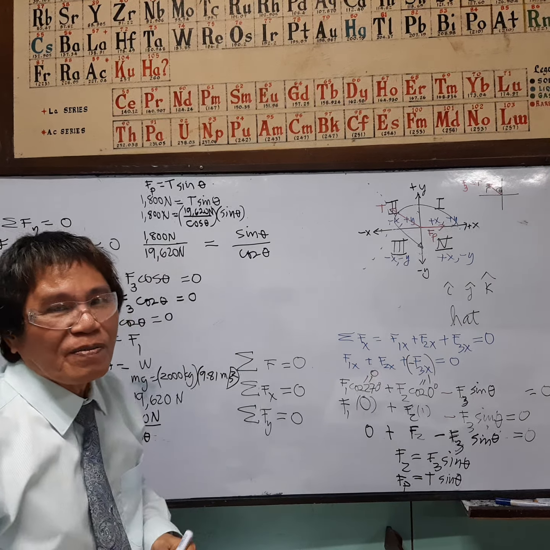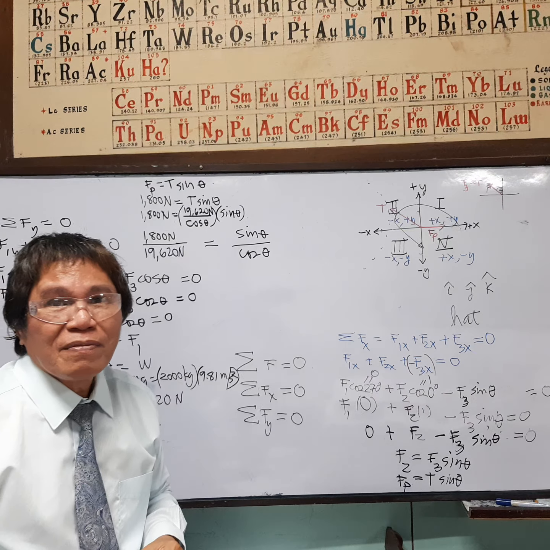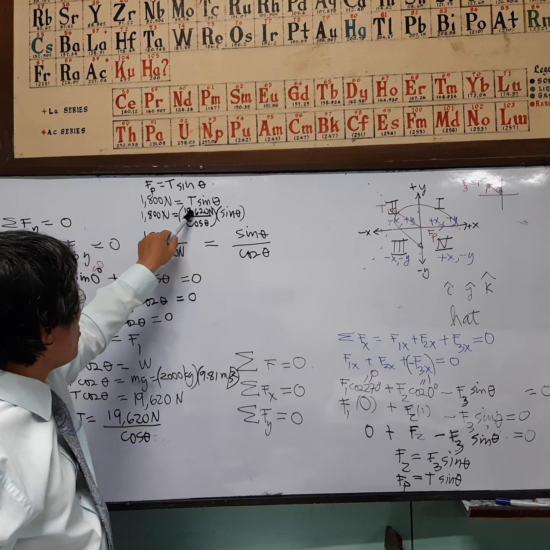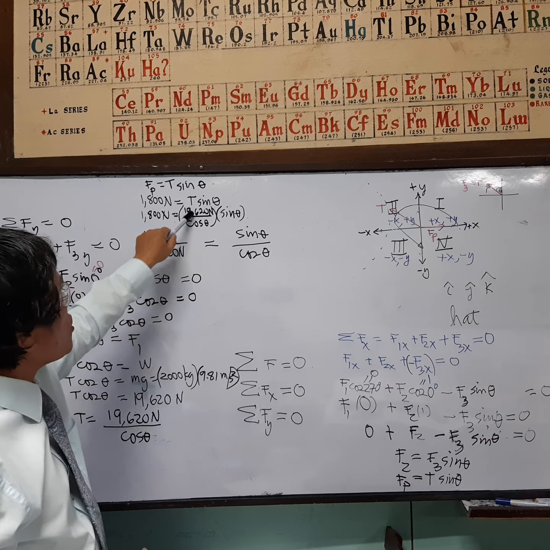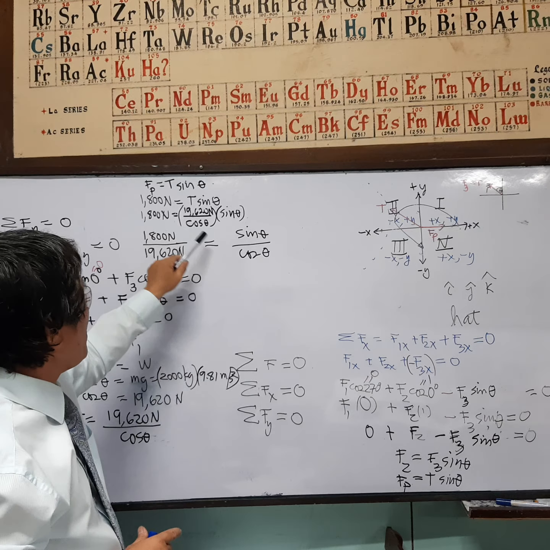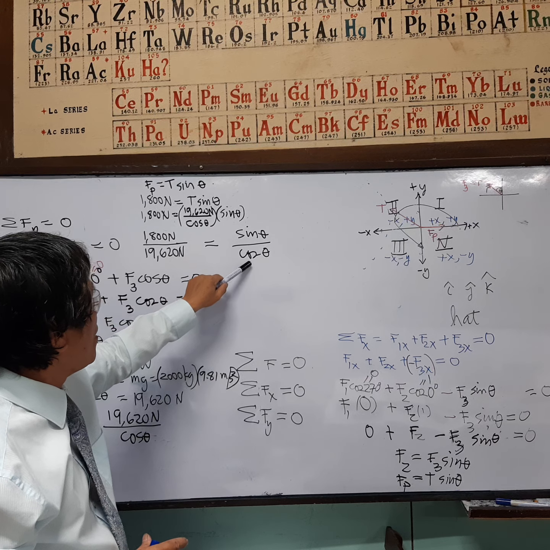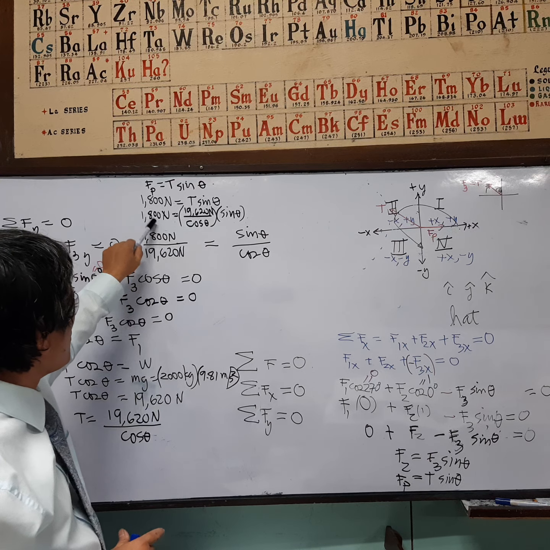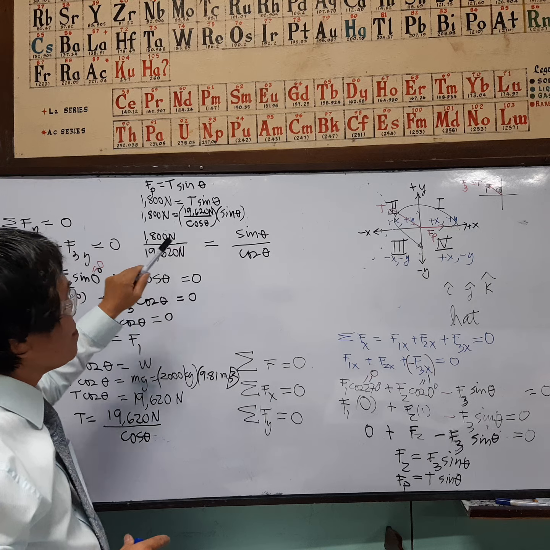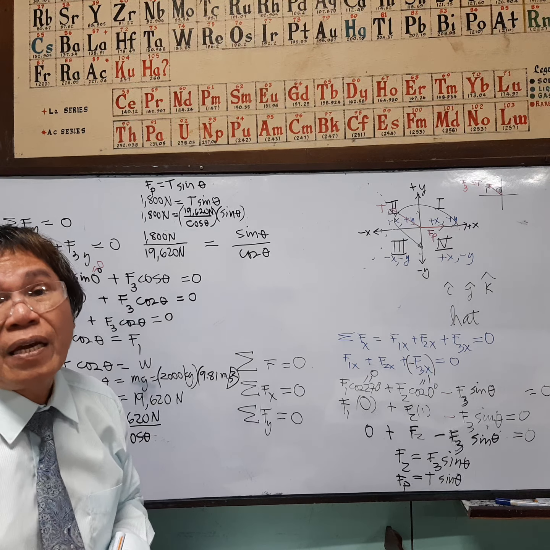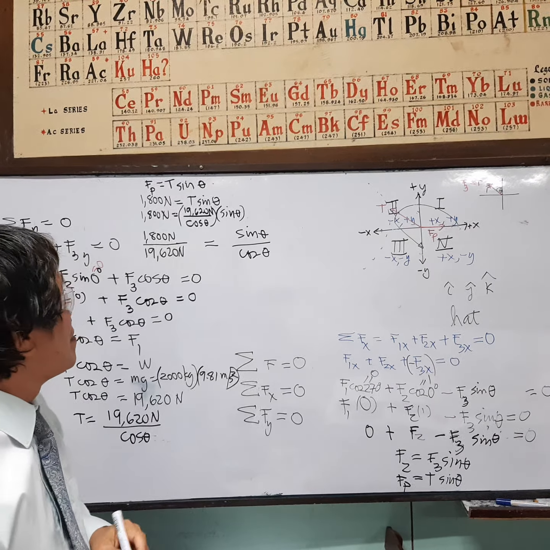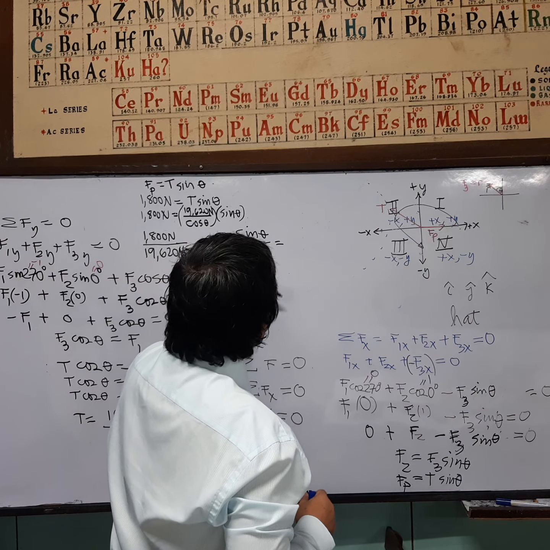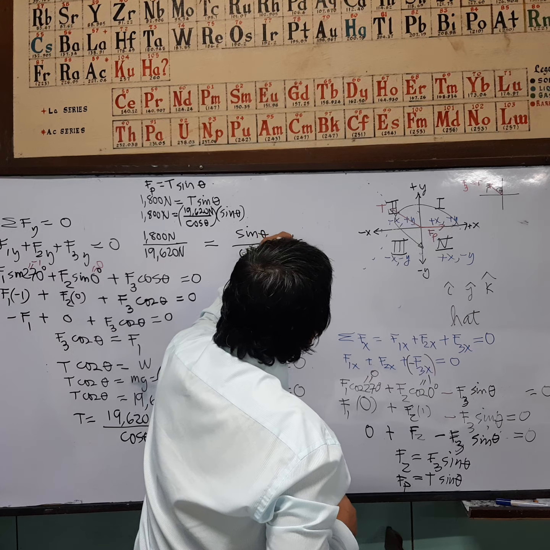Can you follow? By cross multiplication, what remains is sin theta over cosine theta. And this is equal to sin theta over cosine theta. This is the tangent theta.